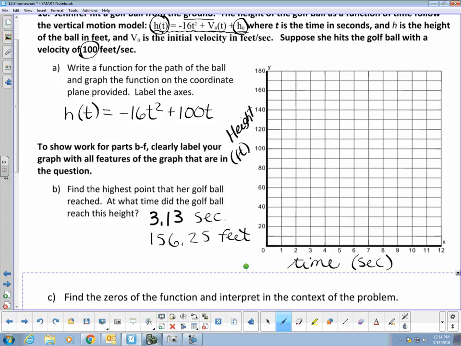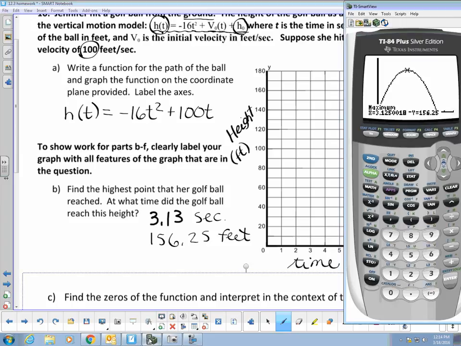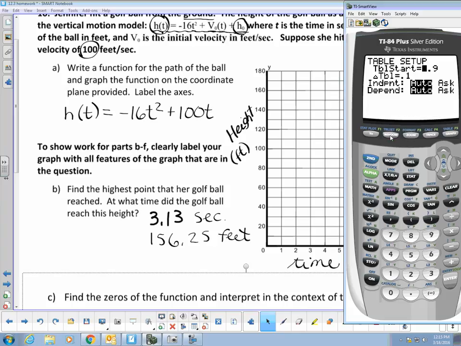And let's take a look here at our table so we can get some points. So I'm going to go to my table set and start at 0 and go up by 1s and see if that helps me to get some points that are easy to graph.